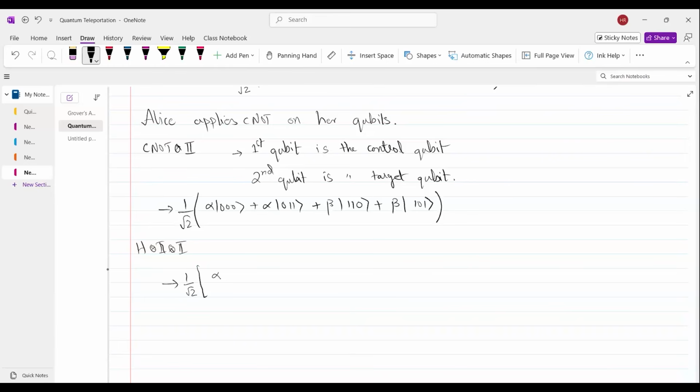So the first qubit is 0 over here, right? When she applies the Hadamard operator on it, it becomes the plus state, with the amplitude changes as well, right?